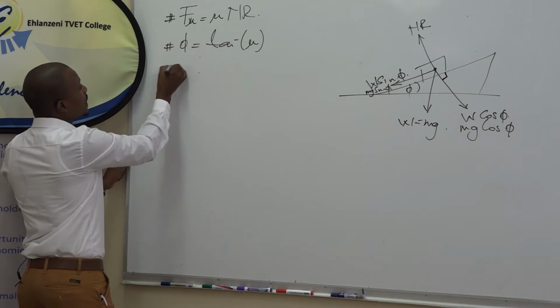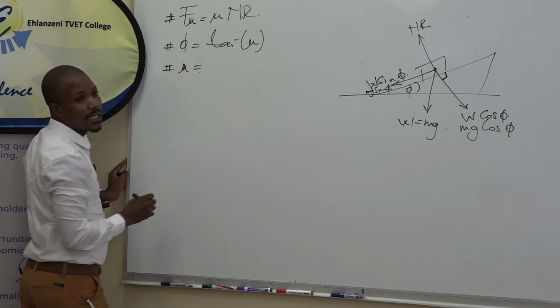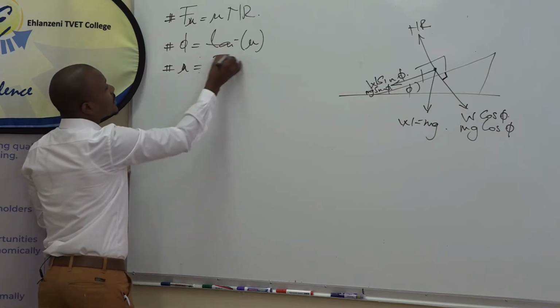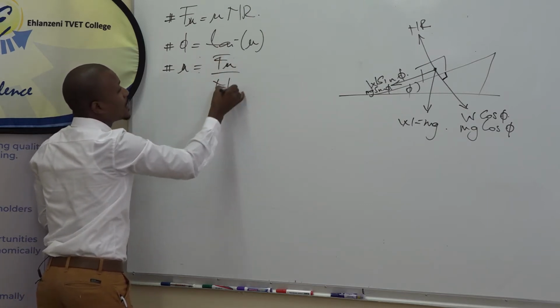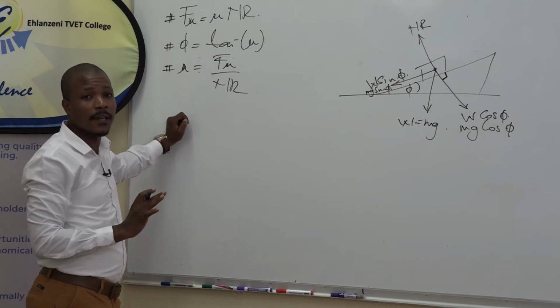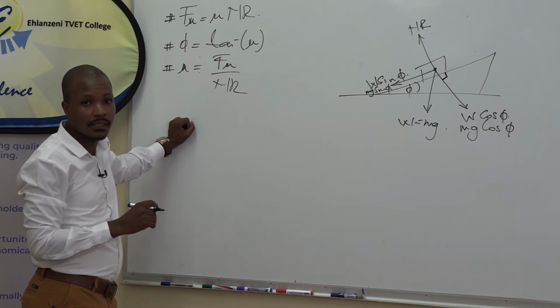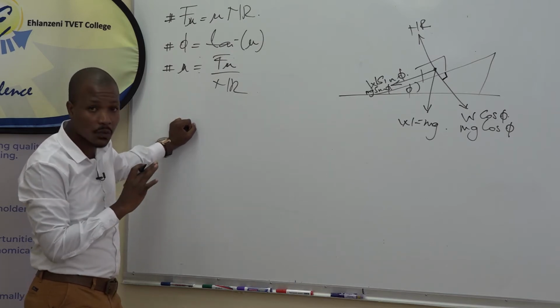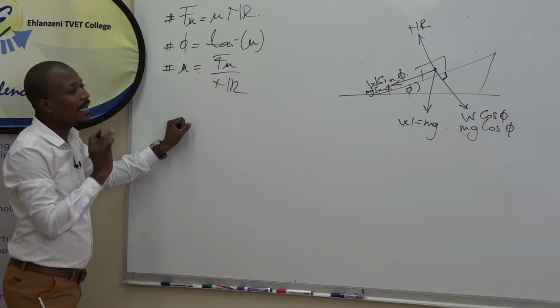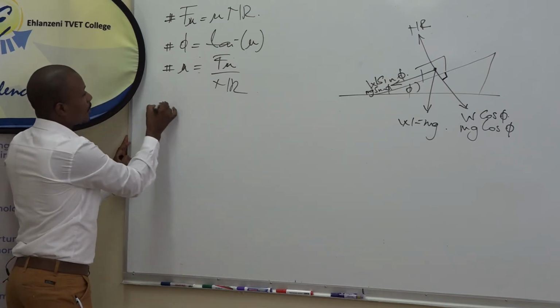We have again the equation to calculate mu, the coefficient of friction, which is given by your frictional force divided by your normal reaction. This equation is always there as well, either on an inclined plane or on a horizontal plane. These are the equations that you must take note of. The additional equations, when it comes to an inclined plane, are as follows.